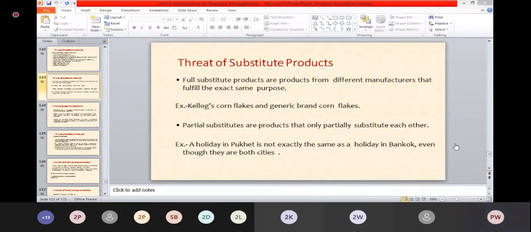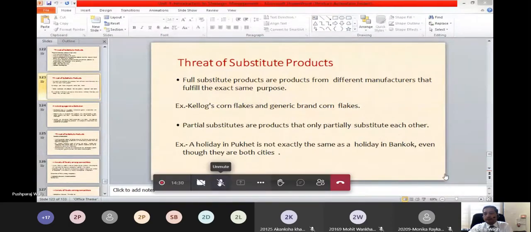Are you unable to listen? Am I audible? Yes, sir. Okay, so you tell me yes or no. If you have understood, it is fine. We will go ahead. Otherwise, if you have not understood, then we will discuss. Are you getting this concept? Tejas, Shubham, Harish, Yogesh, Parinita, Vinod, clear?